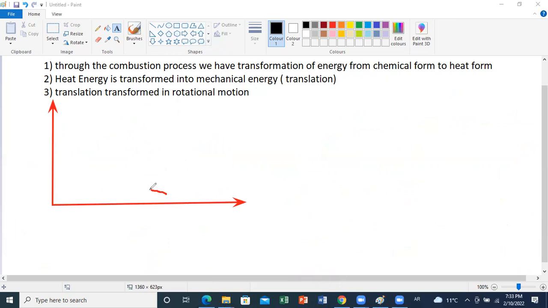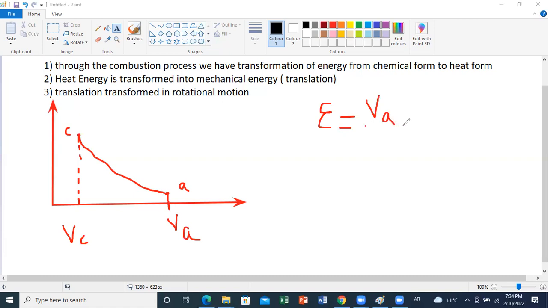It relates the ratio of maximum volume to the minimum volume, because during the compression process, you move from point A, which is the beginning of compression, to point C. And we can say that the volume corresponding to point A, let's call it VA, and the volume corresponding to point C, let us call it VC. And we define one of the characteristics of a motor, the compression ratio, epsilon. So we can define epsilon as VA over VC, and we call it compression ratio.